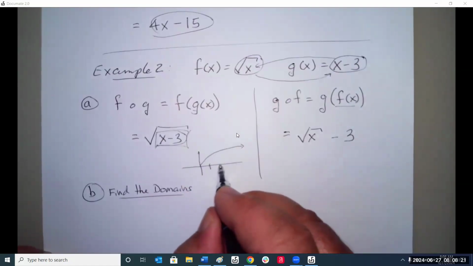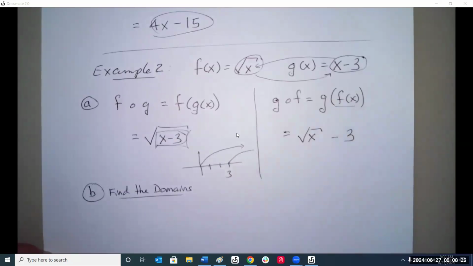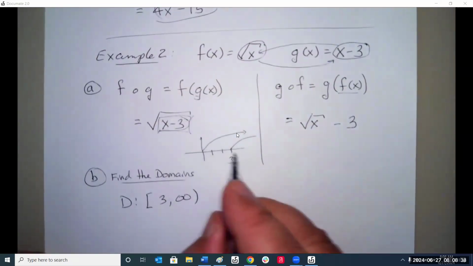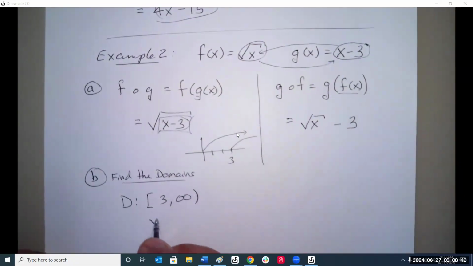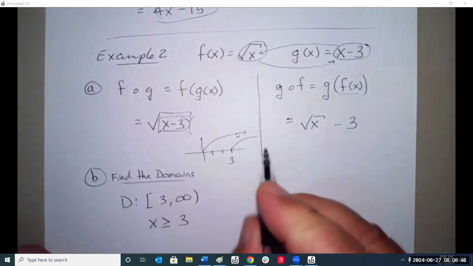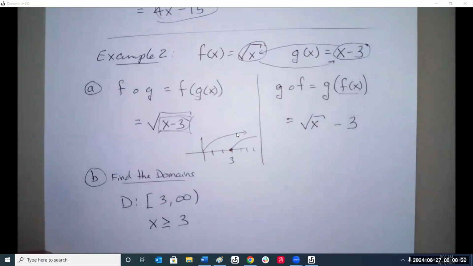We shift it to the right 3 spaces. So our domain now for that first equation is 3 to infinity. Or since we're dealing with the x-axis, say x is greater than or equal to 3. The reason it's a bracket is because we start there. We can use that number and all the other x's after that.